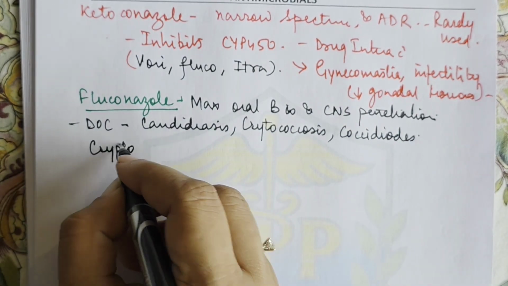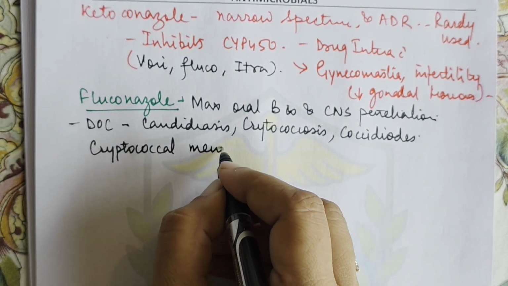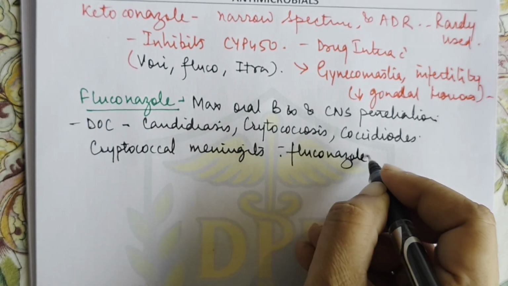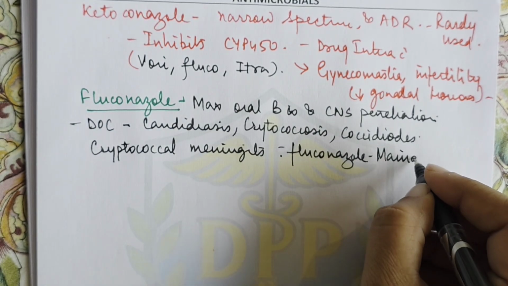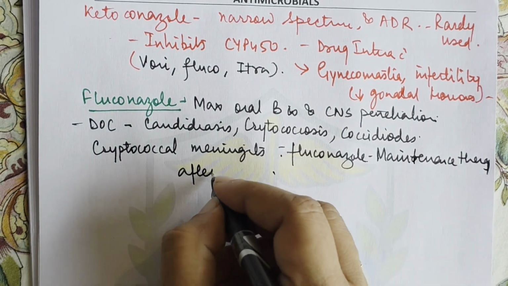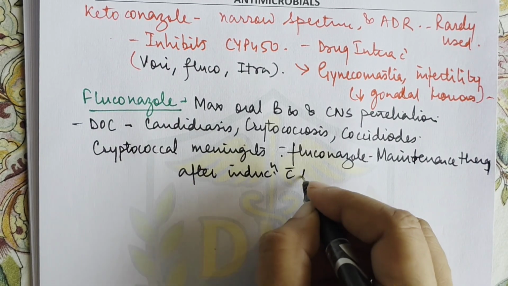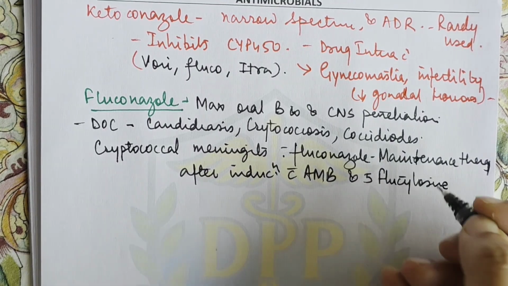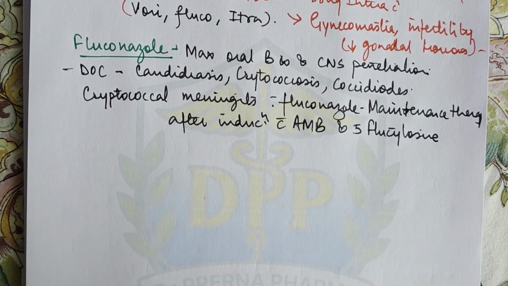In cryptococcal meningitis, fluconazole is used for maintenance therapy after induction with Amphotericin B and 5-flucytosine. So fluconazole is the drug of choice in all the C's: candidiasis, cryptococcosis and coccidioidomycosis, right?